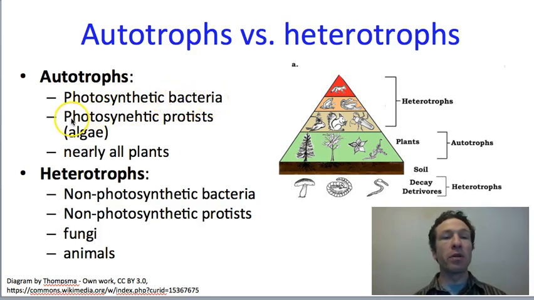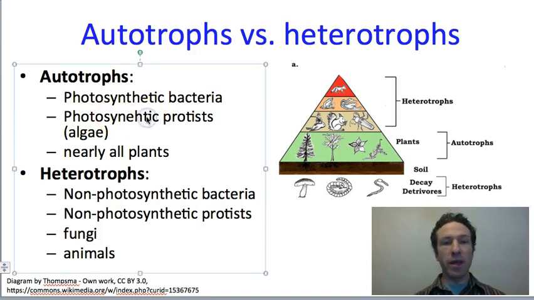It would also include our photosynthetic protists, which remember are the same thing as algae. If you remember, we talked about diatoms and green and red and brown algae. All of those would be at this trophic level. Of course, nearly all plants are photosynthetic and would also count down here. There are just a few plants that are parasites and would occur at higher trophic levels.